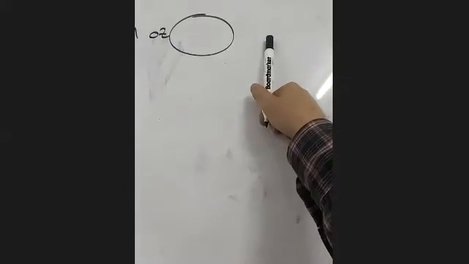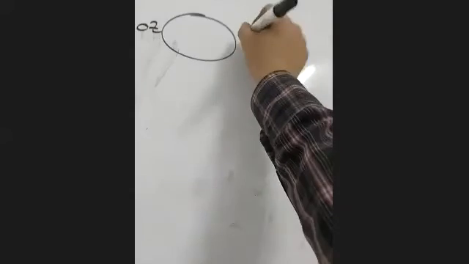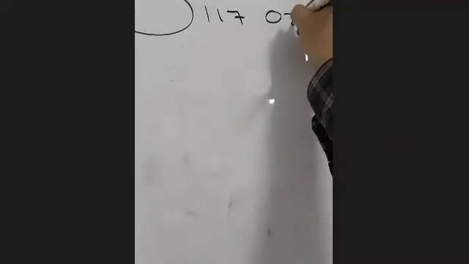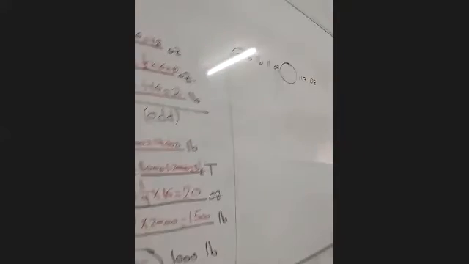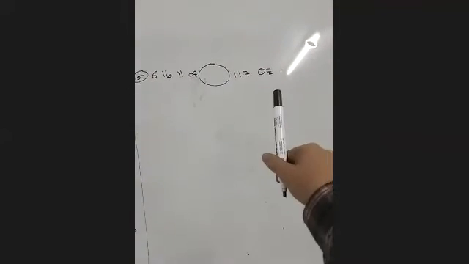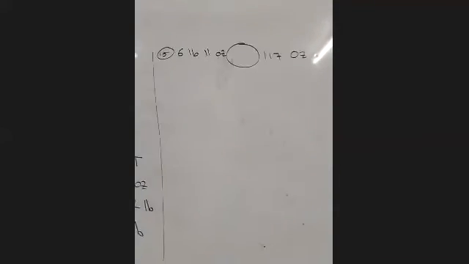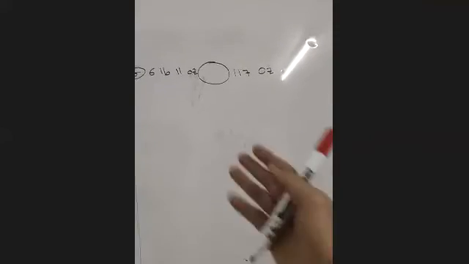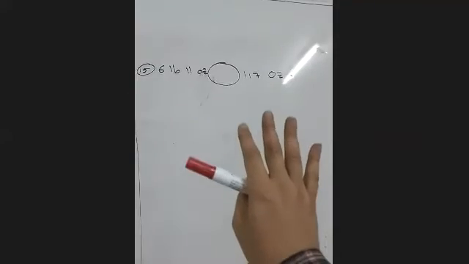117 ounce. Yes. Now we need to compare. Can we compare if we have different units? Here we have pound, here we have ounce. No, we cannot compare. So we will make them both equal in units.